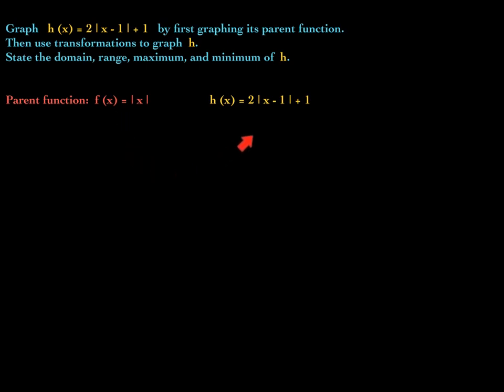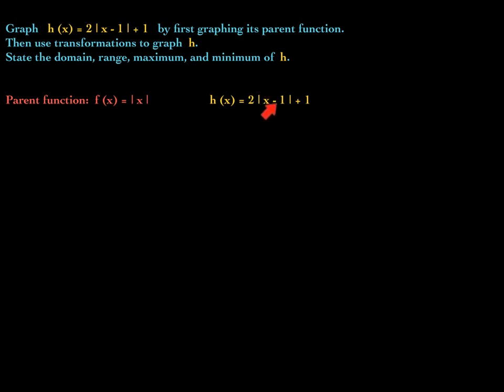Now, there's 3 different types of transformations in function h. I already taught you this transformation and this one out here. This one is going to be a horizontal translation because it's within the absolute value bars. Because the -1 is inside of the absolute value expression, that's what makes it a horizontal translation.